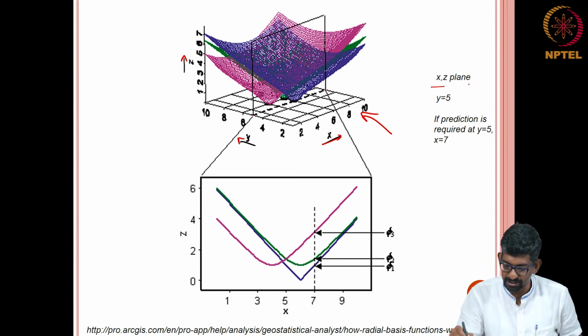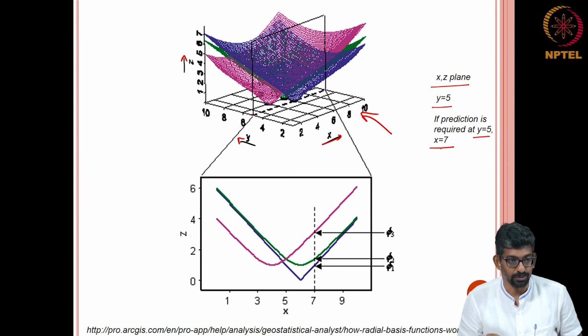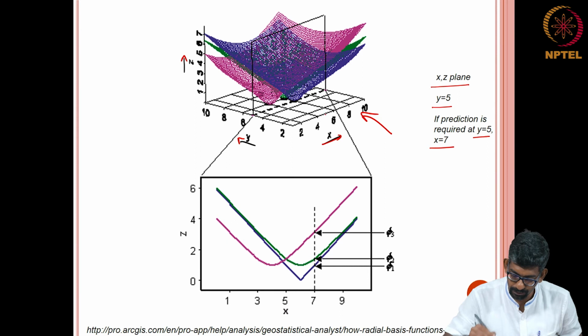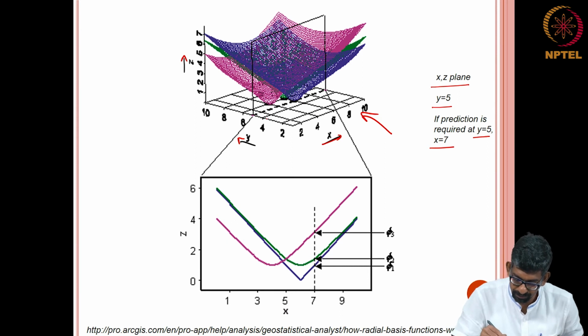So, if I am interested in y equals 5 and x equals 7, which means y equal to 5 is here, and x equal to 7 is somewhere here.